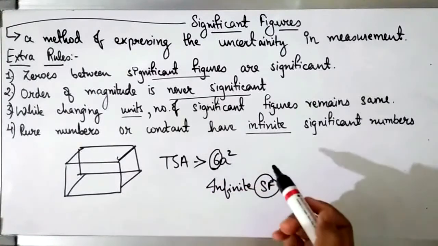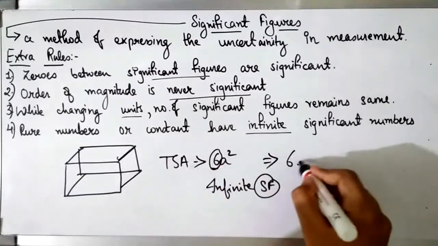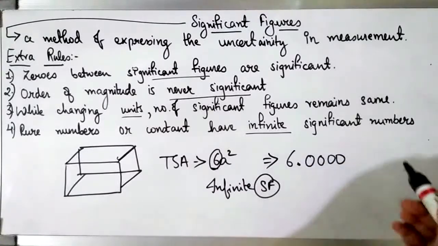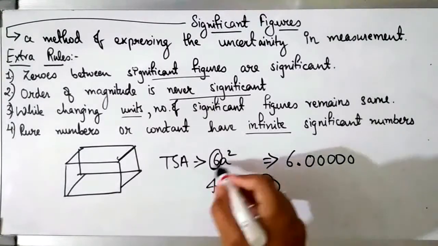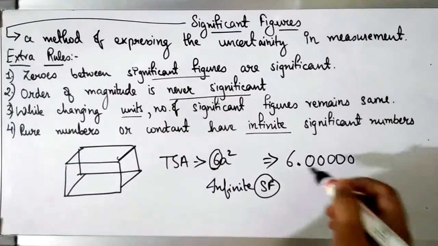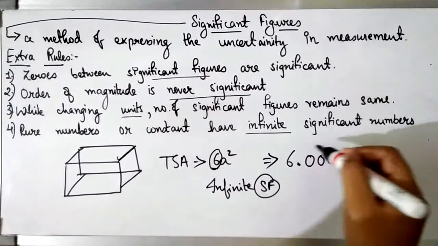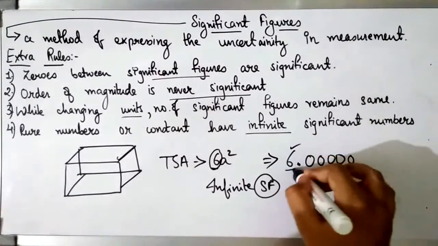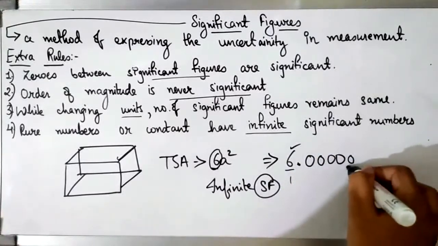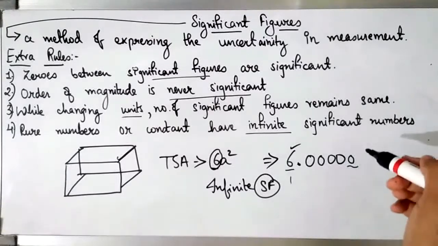Now if you tell me to prove that, I will say that this 6, since it is a pure number, can be written like this also, 6.000. You can write infinite zeros because it is a pure number, so you can add a point and write as many zeros as you want, but usually you don't write it that way. Now if we check the significant figures, this 6 will be significant because it is non-zero. Now over here, this 0 will end somewhere, it is your wish wherever you want to end it.